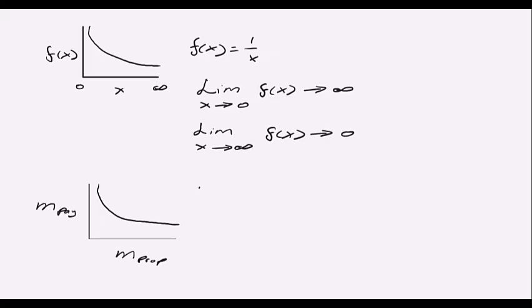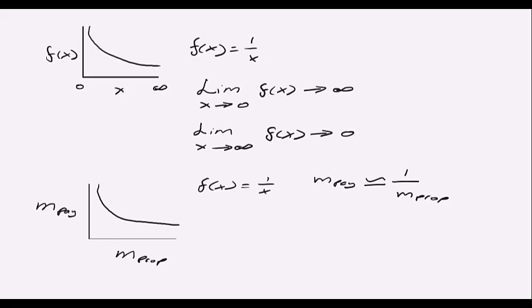So again, we can see that f of x is equal to 1 over x, but now using the language appropriate to the graph, we can say that the mass of the payload is approximately equal to 1 over the mass of the propellant. We use the approximately equals sign because there are often other factors that come into it.